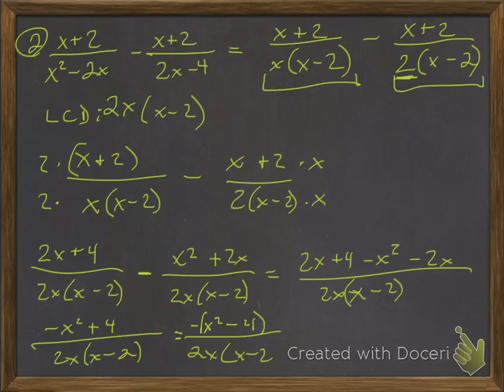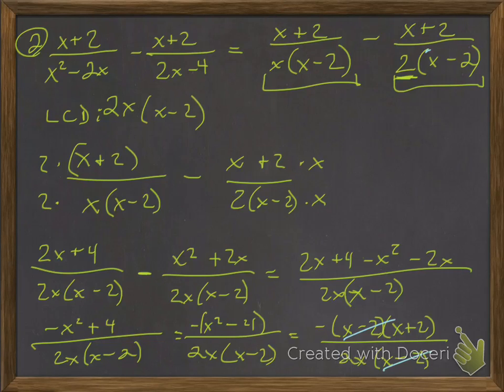And now that numerator is a difference of squares, so it's going to be x minus 2 times x plus 2. Okay, so if that quadratic term is ever the negative, factor that out and then see if it can be factored. And what happens here, my x minus 2's can cancel out.